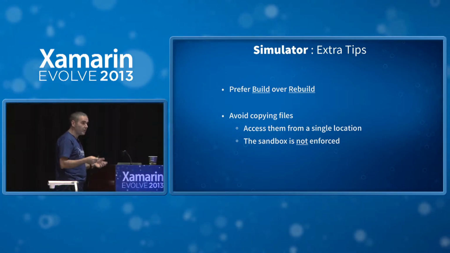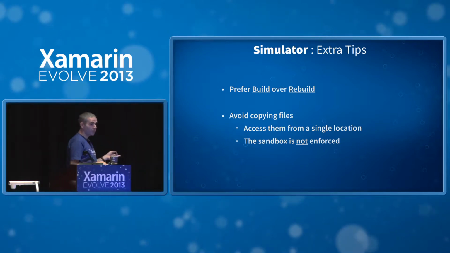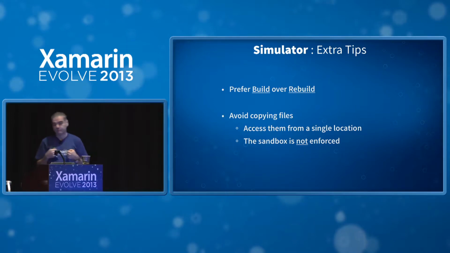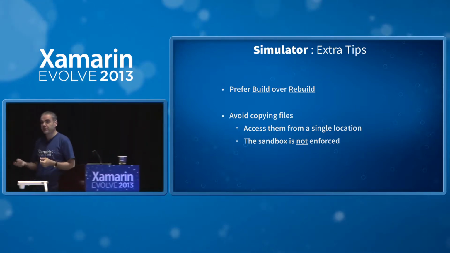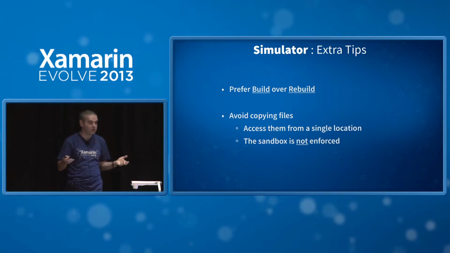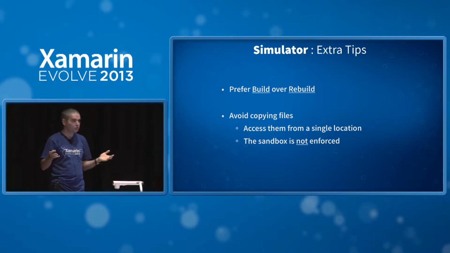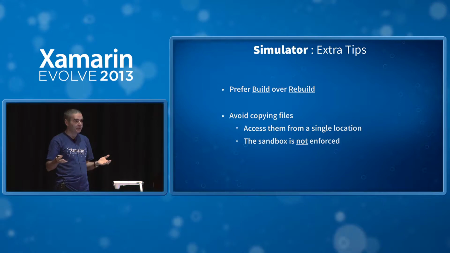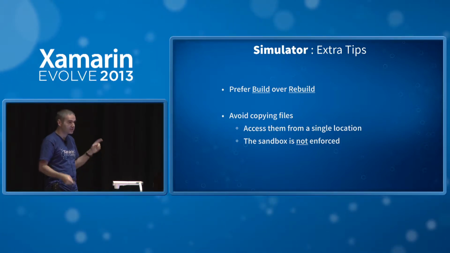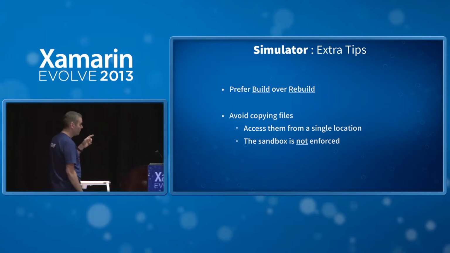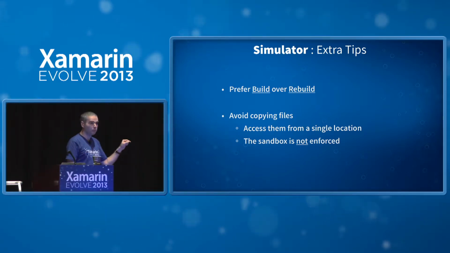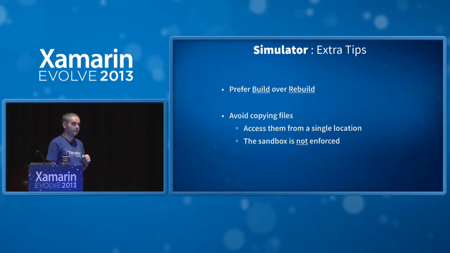Now, that's true for assemblies, but it's also true for your own data files. I have an app which has a rather large 80 megabyte database for 250,000 variable stars. So it's large. If I copy it each time, it takes a lot of time, but because the sandbox is not enforced on the simulator, I can open my database directly from my Mac home directory.